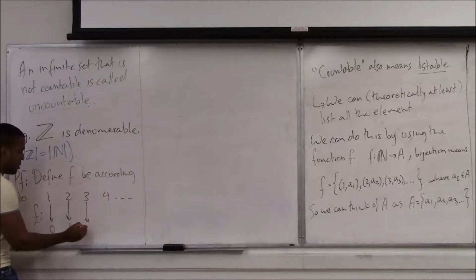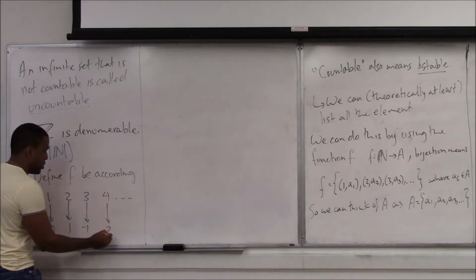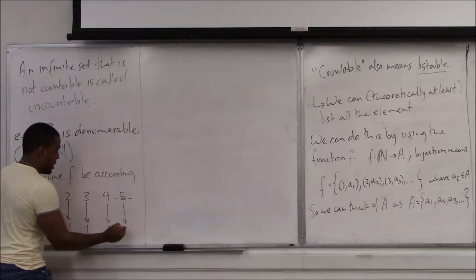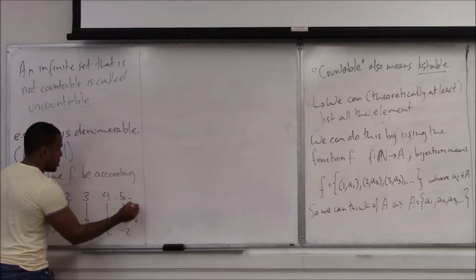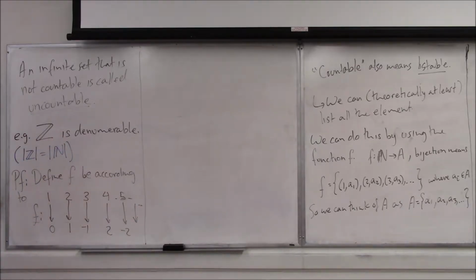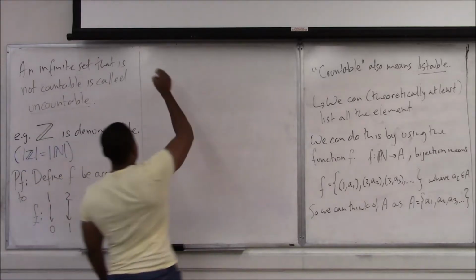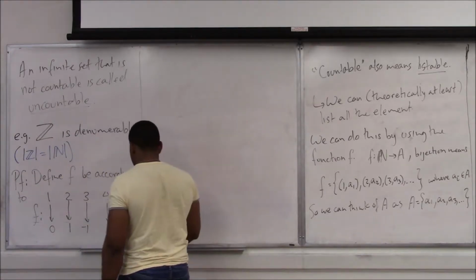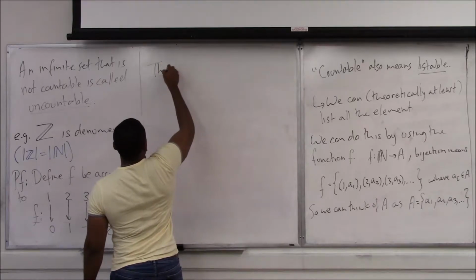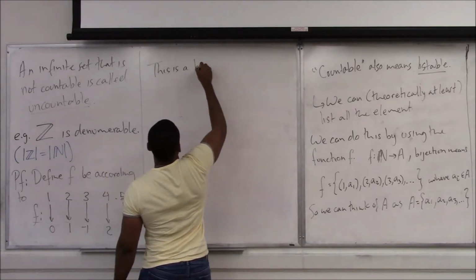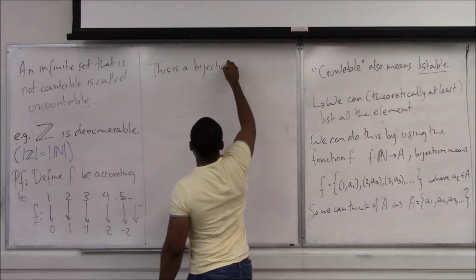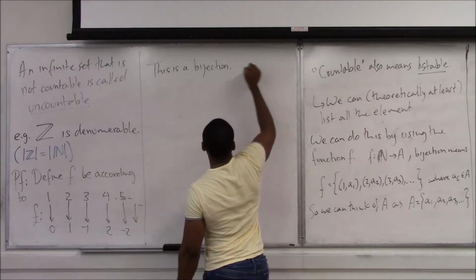Plug in 3, it will output -1. Plug in 4, it will output 2. Plug in 5, it will output -2. In this way, I can actually list all the integers. And by this pattern, I would never actually miss anyone. Now, this is a bijection. Clearly it's one-to-one and onto because it will never miss anyone.